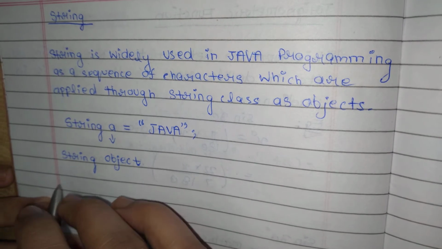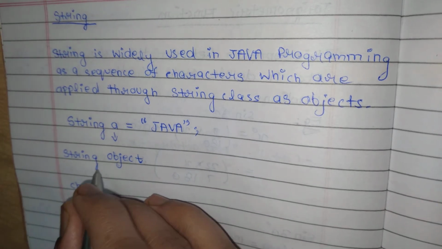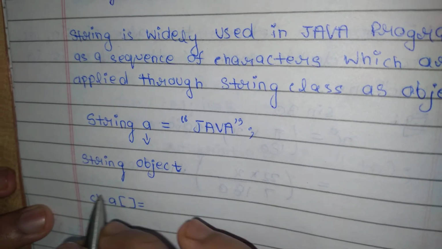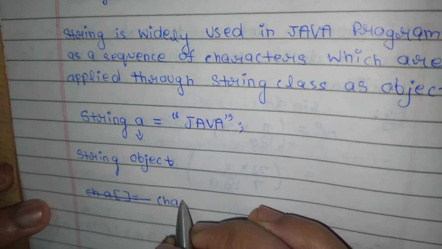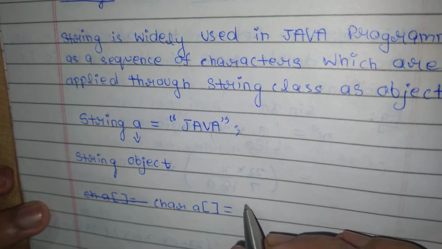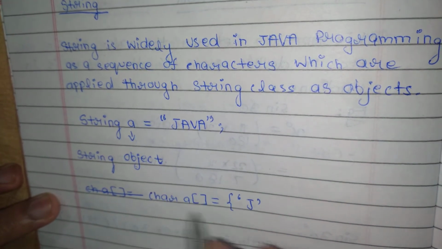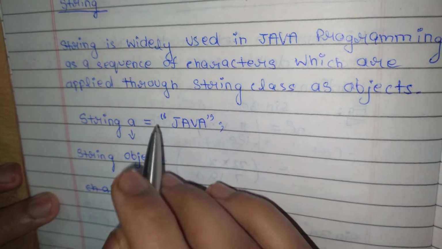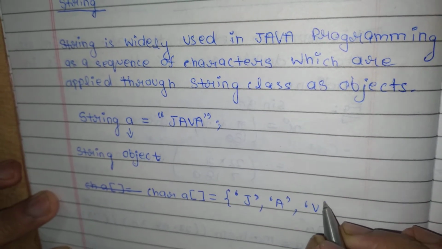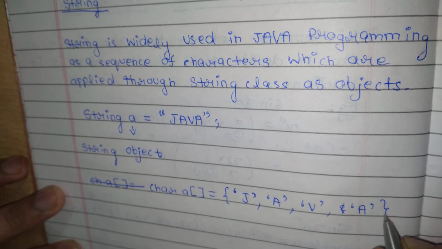Now suppose you have to convert a character array. Suppose I am taking the character variable ch. Sorry, it would be ch here. ch[], this is the symbol of an array, is equal to, and the values are given as 'j', as here it is a character, so it is given in single quotes, and strings are given in double quotes, comma 'a', comma 'v', comma 'a', semicolon.